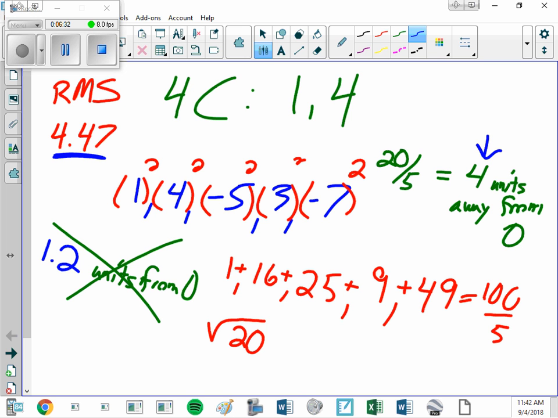So what I'm saying is these numbers are about 4.5 units away from 0. Does that seem pretty accurate? Yeah. This one is 4, that one is 5, and 3, and 7, and that's 1. So on average, those numbers are about 4.5 units away from 0.